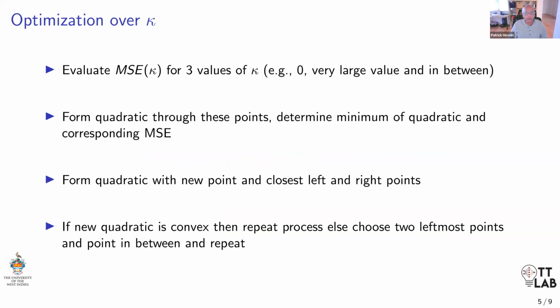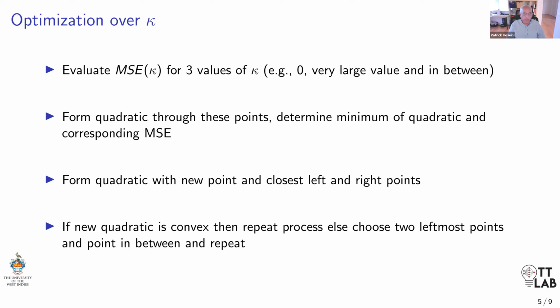The way we do that is we take three values of kappa. For instance, 0 is one valid value. We could use a very large value and something in between. We form a quadratic function between these 3 points, determine the minimum of that quadratic, and use that new minimum point as our next value.